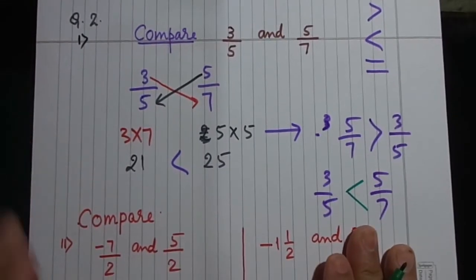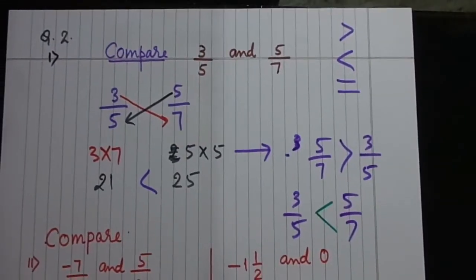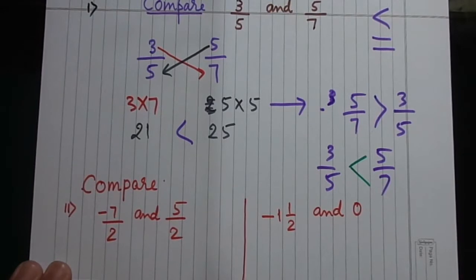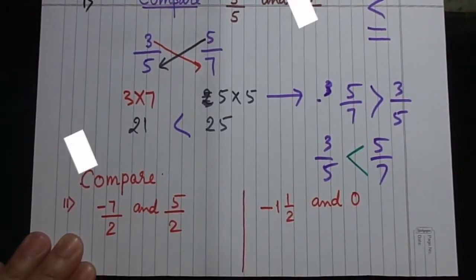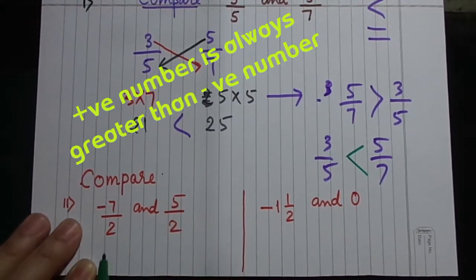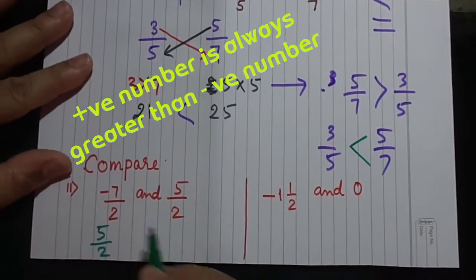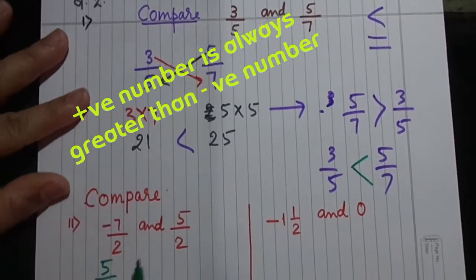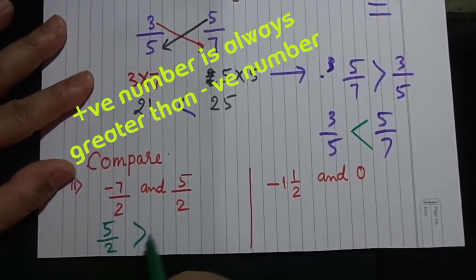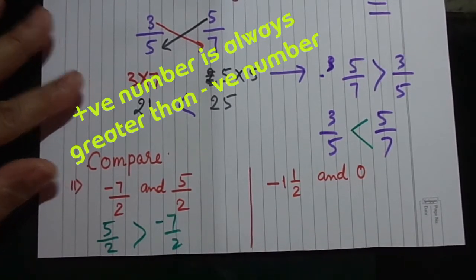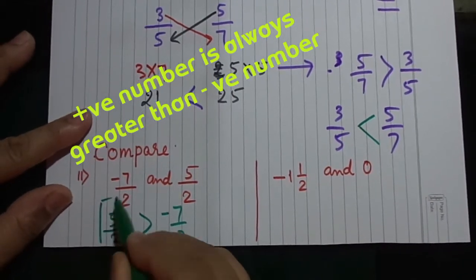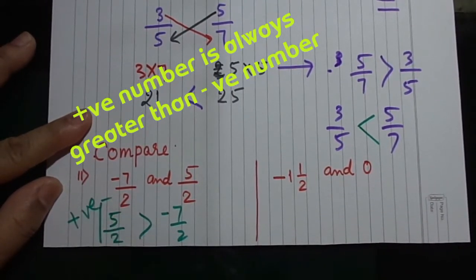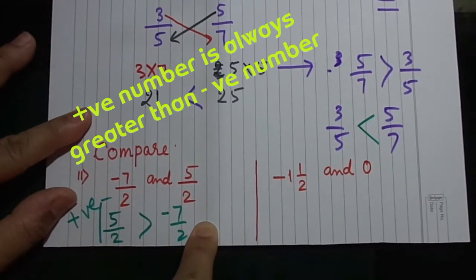So let me compare over here minus 7 by 2 and 5 by 2. Without solving, you can say that 5 by 2 is greater than minus 7 by 2. Why? Because positive values are always greater than the negative values.